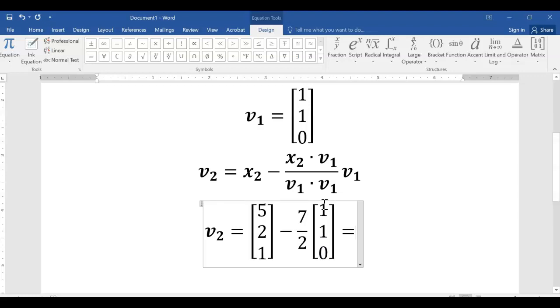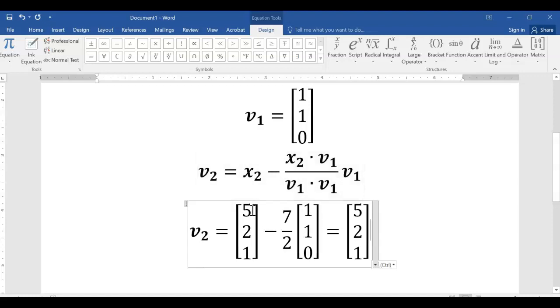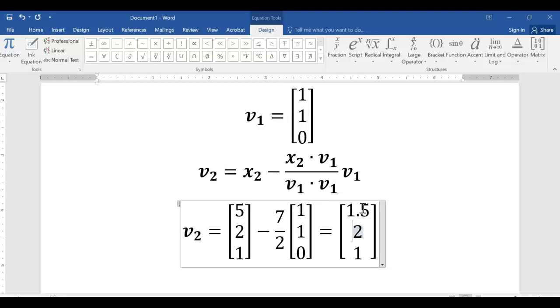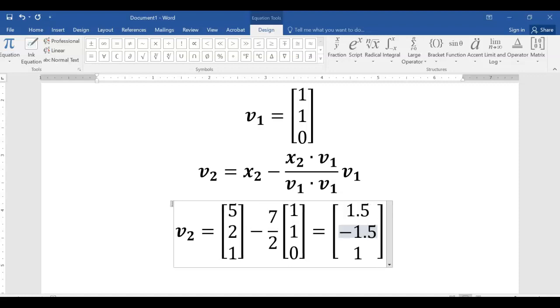So if you do your calculation, you get 5 minus 3 and a half, so you get 1.5. You get 2 minus 3.5, so you get negative 1.5. And then you get 1. So there you go.